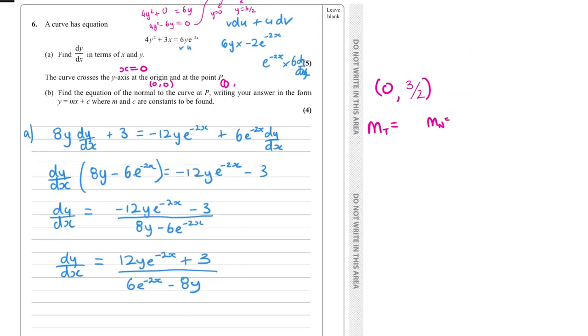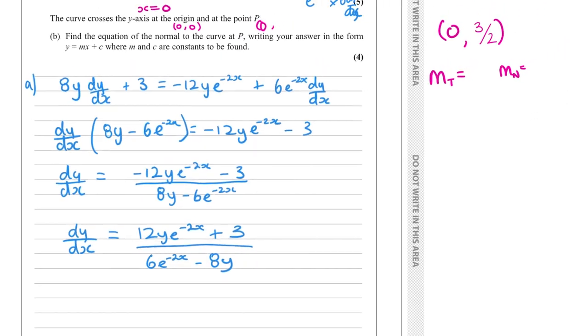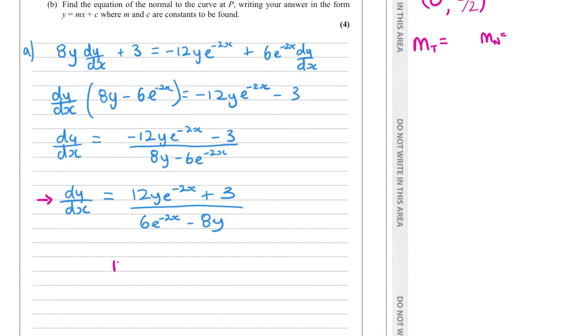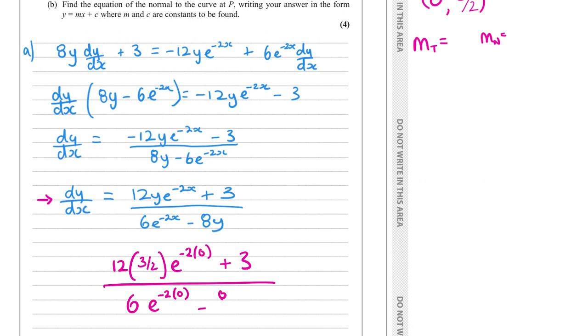Okay, now my gradient. Now that I have my point, how do I find my gradient? I'm going to substitute into what we've just differentiated. So I'm going to have 12 lots of 3 over 2 e to the power of minus 2 lots of 0 plus 3 all over 6e to the minus 2 lots of 0 minus 8 lots of 3 over 2.